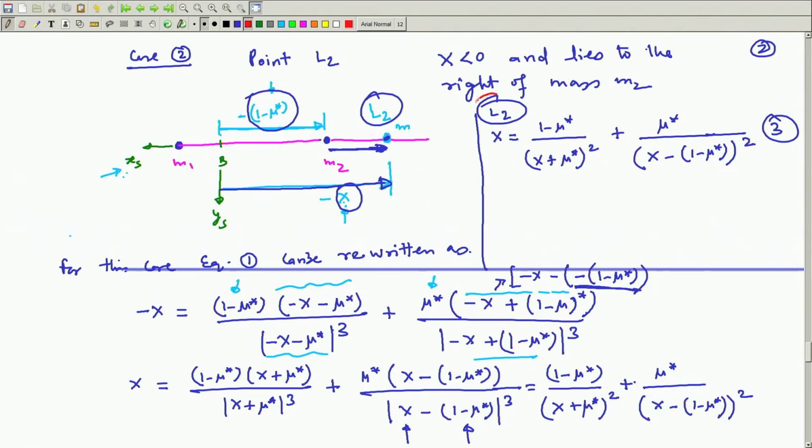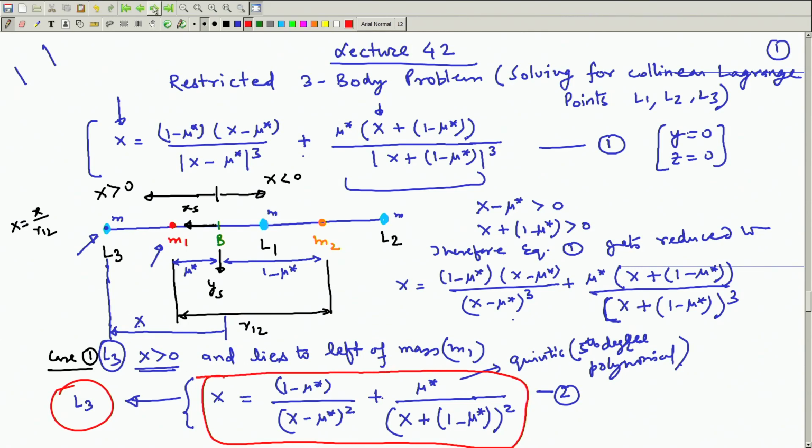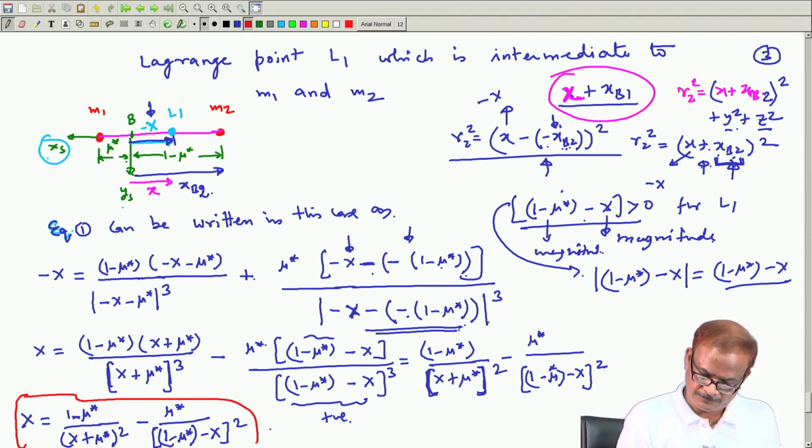This is Lagrange point L 2, Lagrange point L 3 we have got here. So, this is our Lagrange point L 1 and this we name as equation number 4.